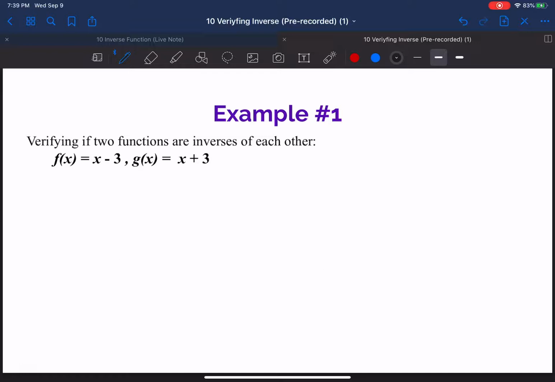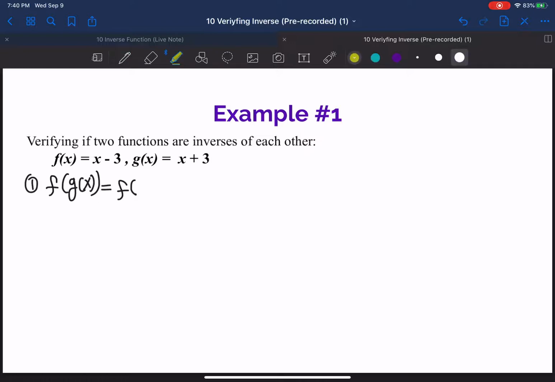I have f of x equals x minus 3, g of x equals x plus 3. Now I have to verify if the two functions are inverses of each other. First step, you're going to do f composite g, or you can write it as f parenthesis g of x. That's probably easier to see. So let's do this. I'm going to copy f and then put parentheses.